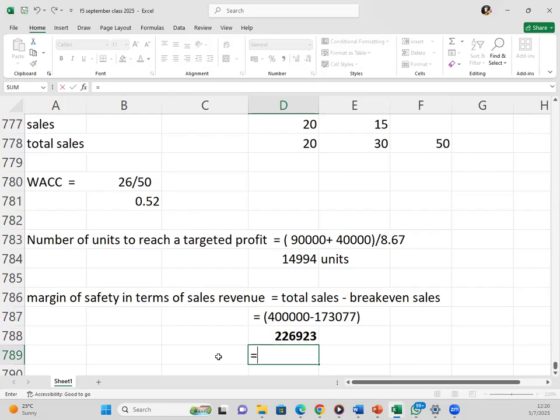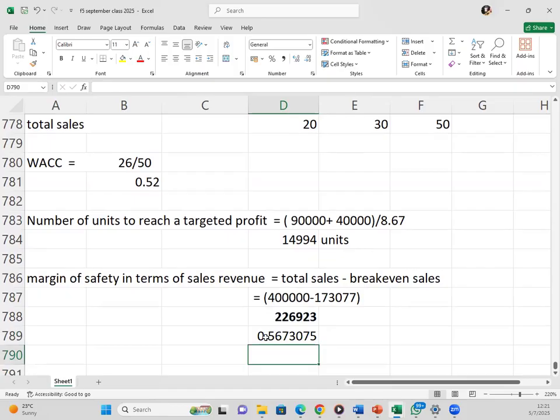So as a percentage, you then say your margin of safety in terms of revenue over the total revenue. You express that as a percentage. So that's something like 57%. So your margin of safety in sales revenue is like 57%.